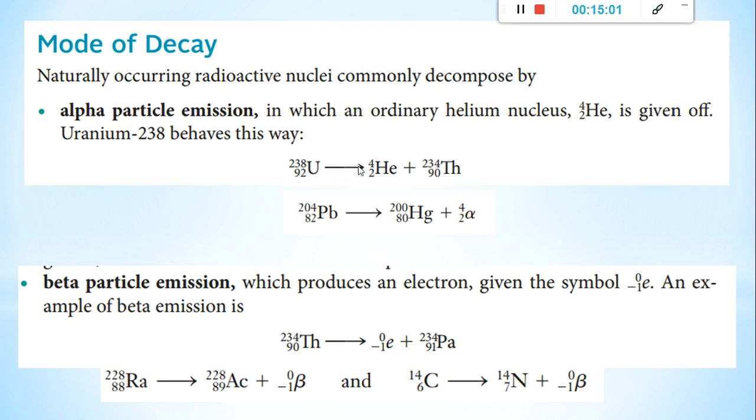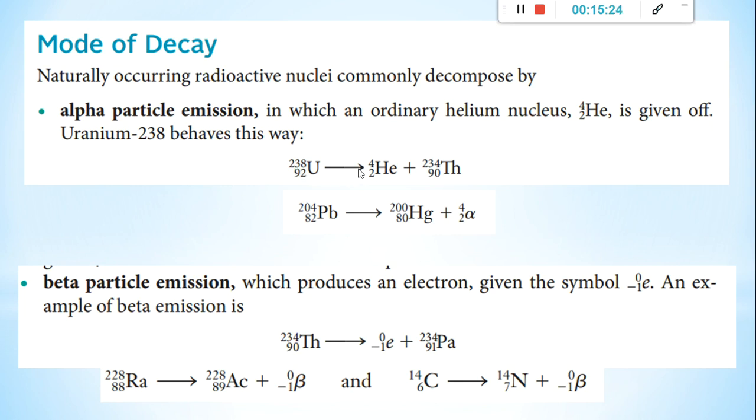It decomposes. Again, our uranium-238 decomposes to helium plus thorium-234. Why is that so? We have 238 as the mass number.